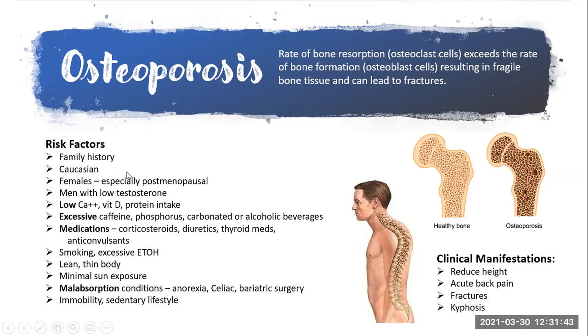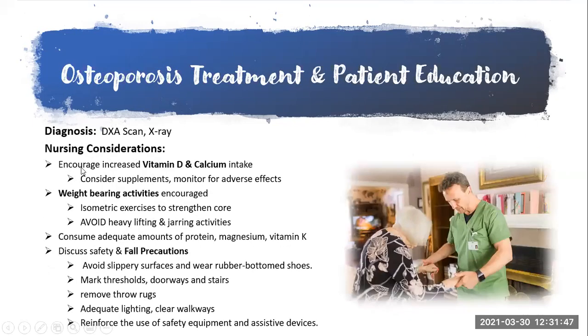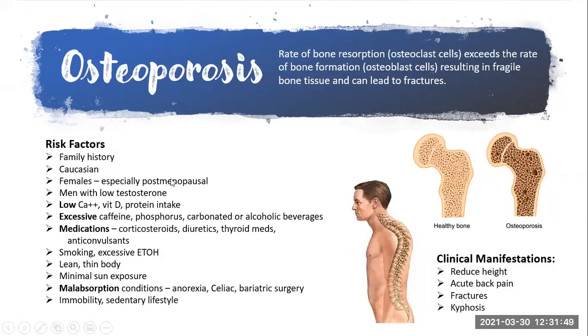Risk factors: this is one of those diseases that Caucasians are actually at the highest risk for. Women and thin, lean people are at high risk. So this is unique compared to other disorders.